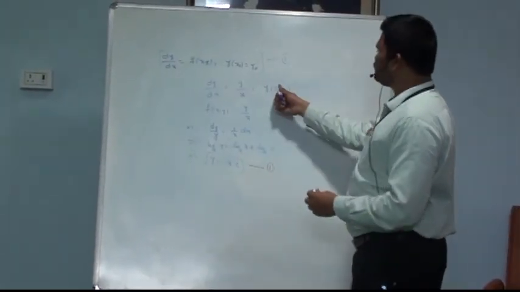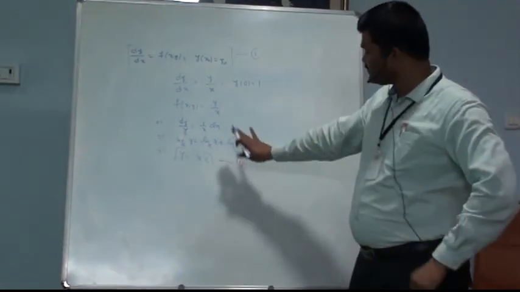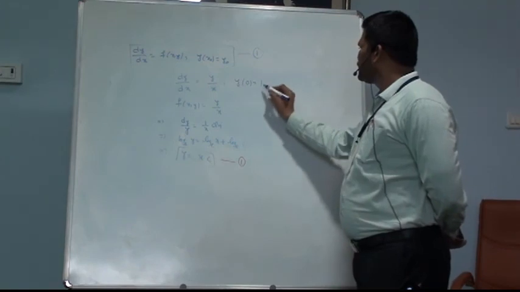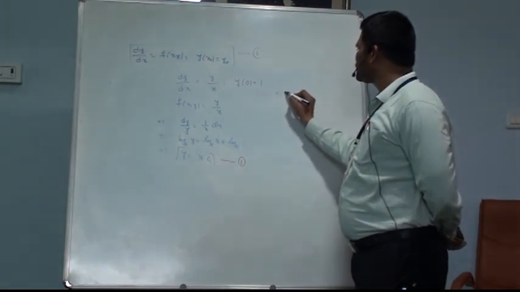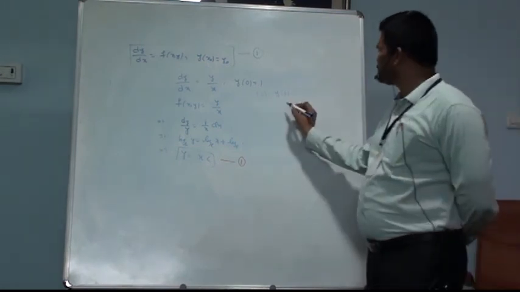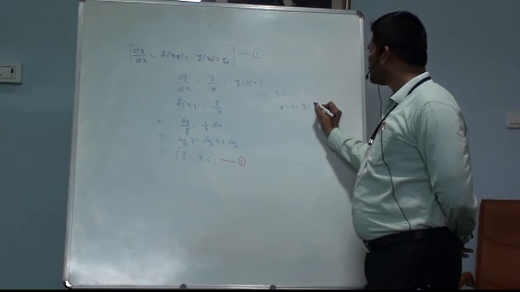Now for the condition y of 0 is equal to 1, what type of solution exists? Very important point. Y of 0 is equal to 1 means x is equal to 0, y is equal to 1.